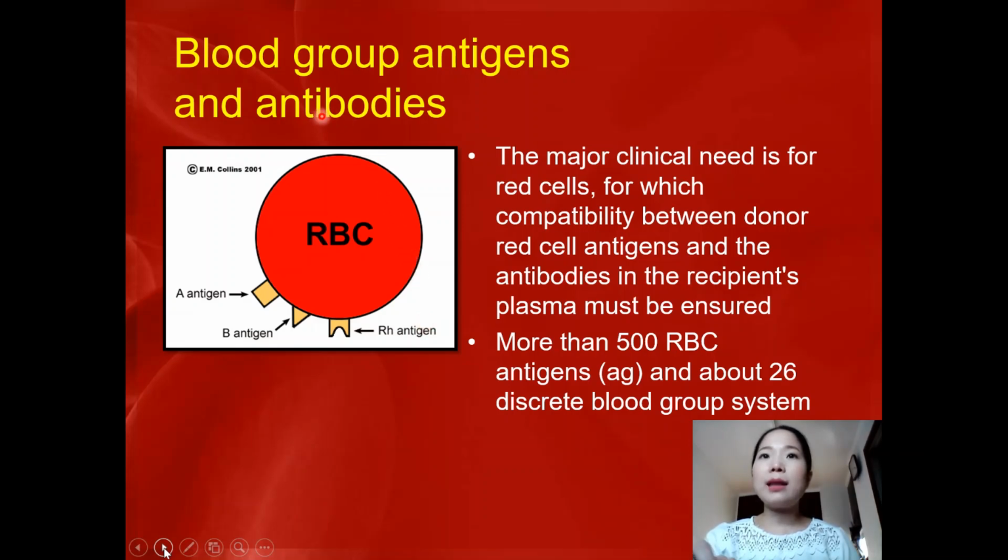Now, the antibodies are seen in the plasma of the patient. It's very important to know the donor red cell antigen as well as the antibodies in the recipient's plasma, because this will tell us if the blood will be compatible. In the body, we have more than 500 RBC antigens and about 26 discrete blood group systems.